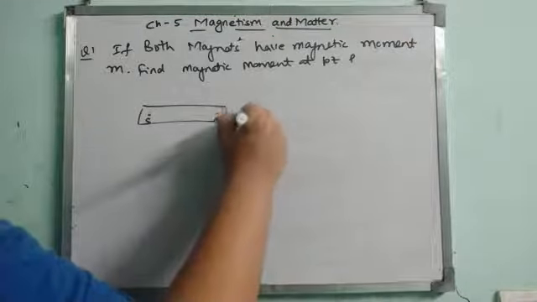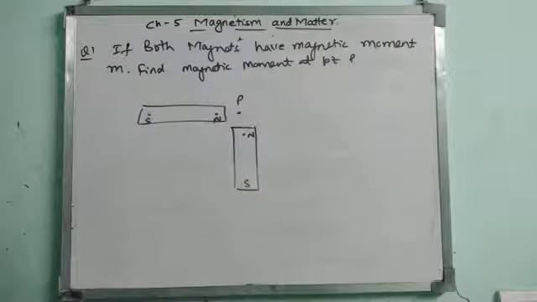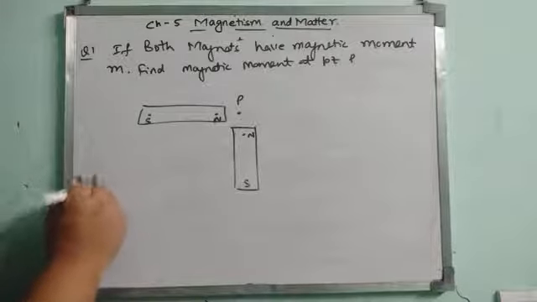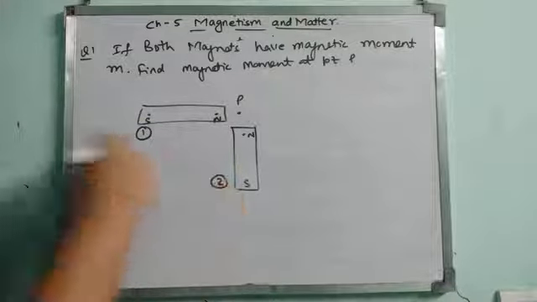You are supposed to find the magnetic field at point P here. Let this be the first magnet, and this the second magnet.